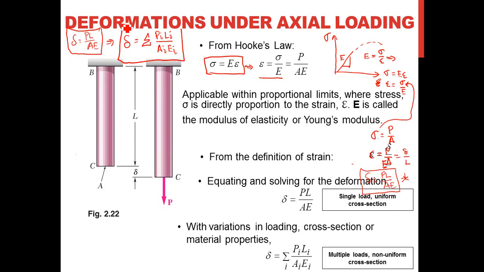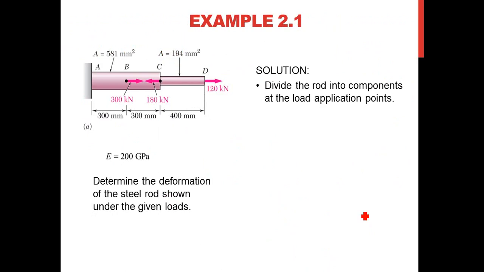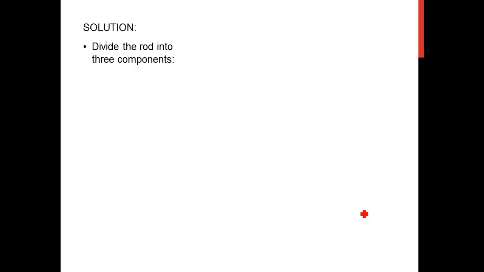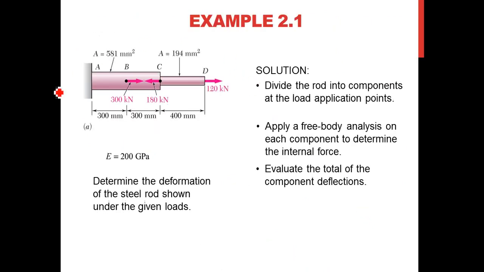That is the equation for variation in loading, material, and also cross section. However, if the structure that you are going to analyze has uniform cross section and is made from a single material, you can straight away use the equation. So now let's proceed with an example. I will show you one example of how to solve the deformation of the material for a given structure.